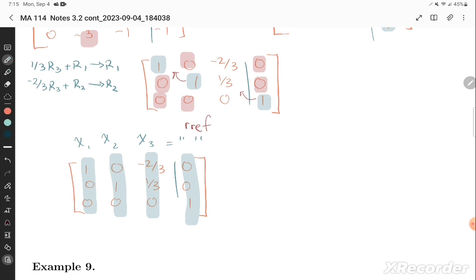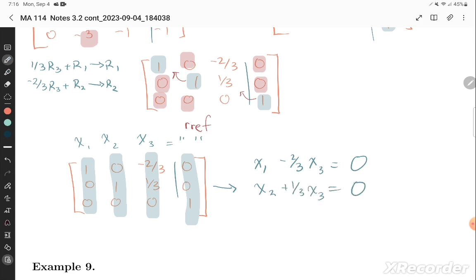But if I translate this matrix back into a system of linear equations, I get x1 minus 2/3 x3 is equal to 0, which isn't a huge problem. And then I get x2 plus 1/3 x3 is equal to 0.